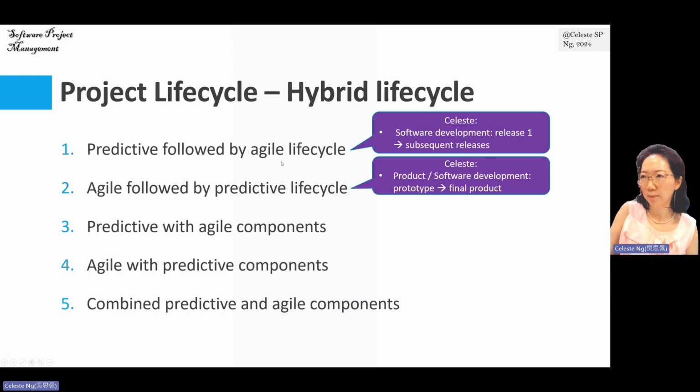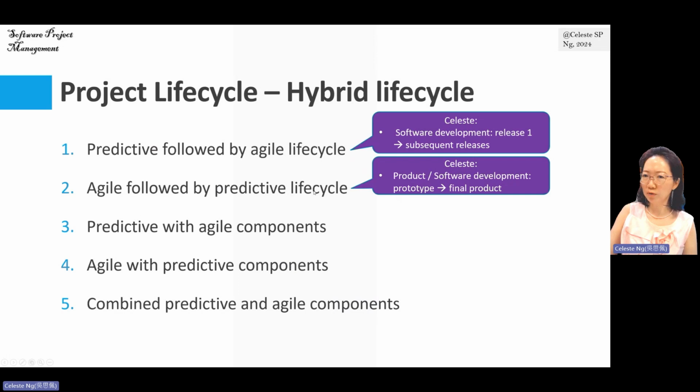Okay, the second type of hybrid could be agile followed by predictive lifecycle. Same thing, you can use the same software development example. Assume we start off our project by developing a software system in which the user's requirements are unclear.